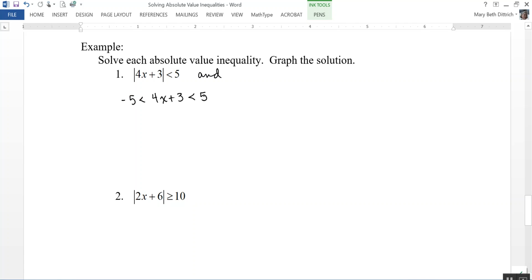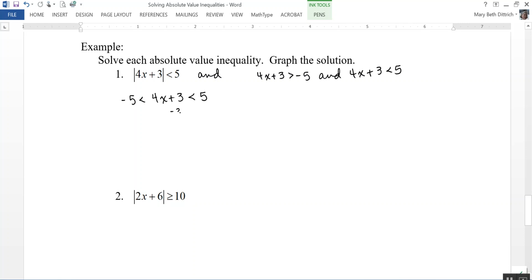You could also write this as two inequalities. You could write it as 4x plus 3 is greater than negative 5 and 4x plus 3 is less than a positive 5, but I think it's simpler to do it this way. So solving this compound inequality, I want to get x all by itself in the middle.